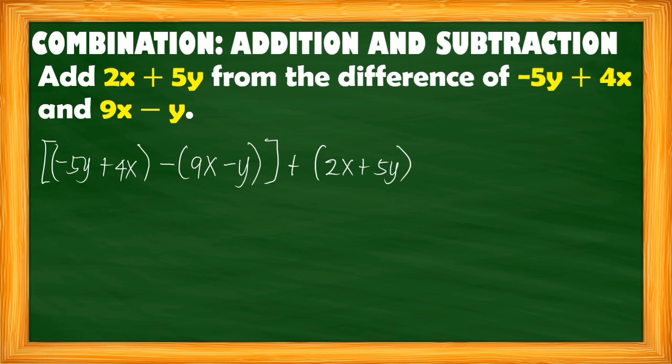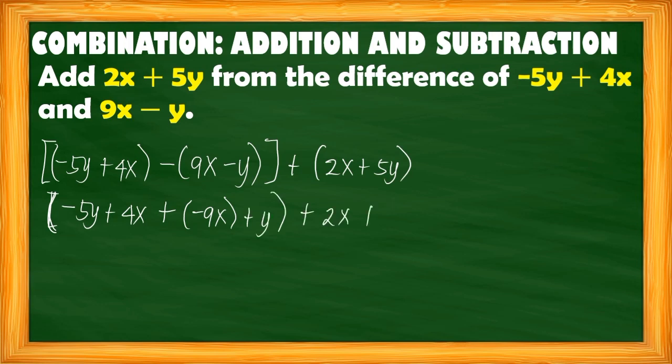And then, change the sign of the subtrahend. So, this will become negative 5y plus 4x plus negative 9x plus y plus 2x plus 5y.